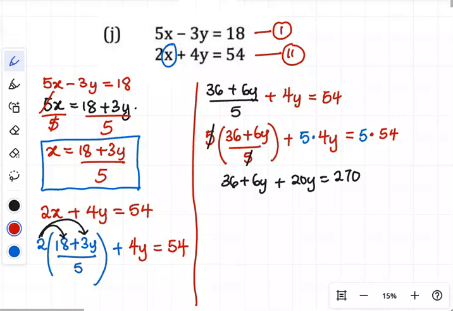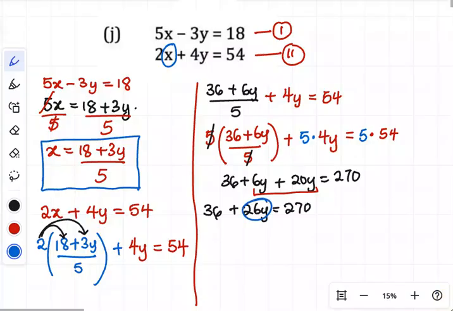You get to notice that we have like terms here, 6y and 20y. When we sum both together, we have 36 plus 26y, then equals 270.